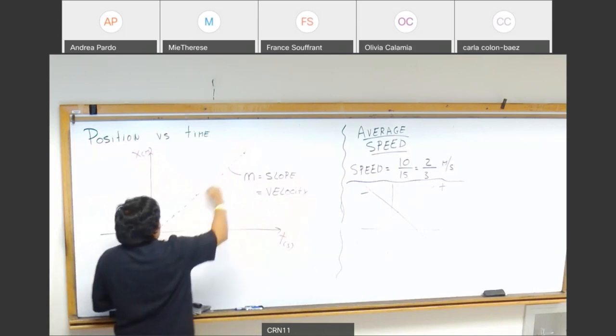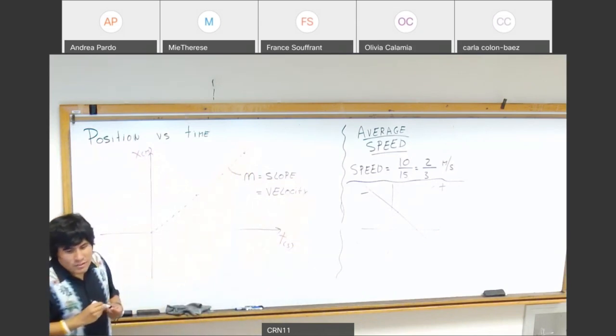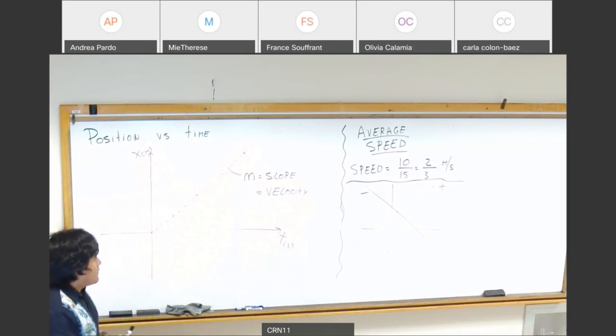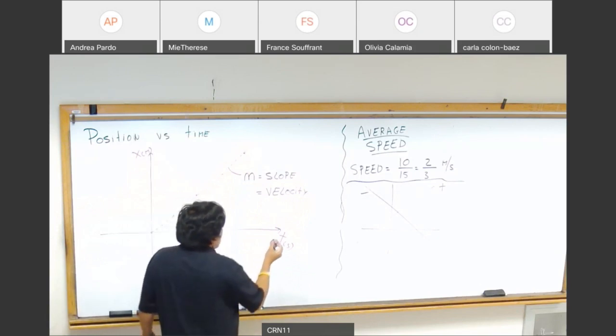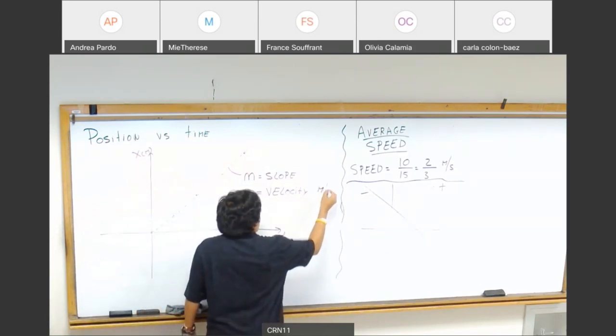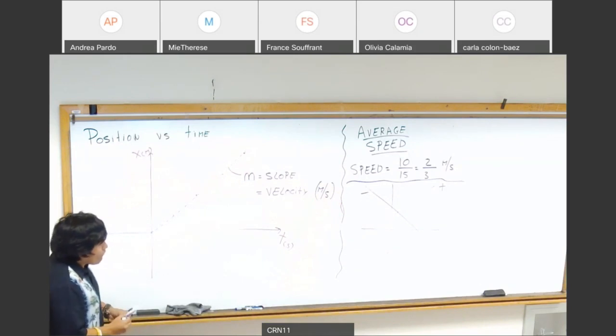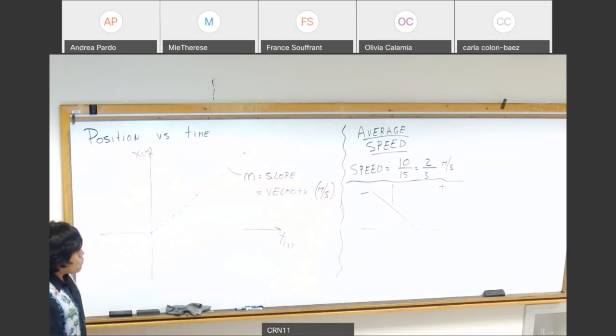Because it's just going like this, and you just collect data in that direction, it happens to be also the speed. All right, but that will be your velocity in meters per second. All right, so that's what you have to do. That's the simple version of what we just did.